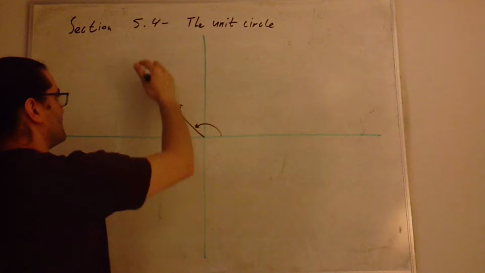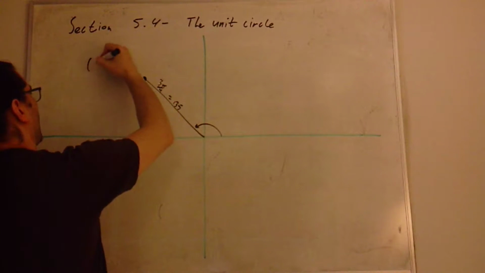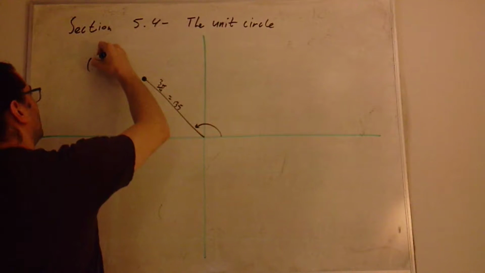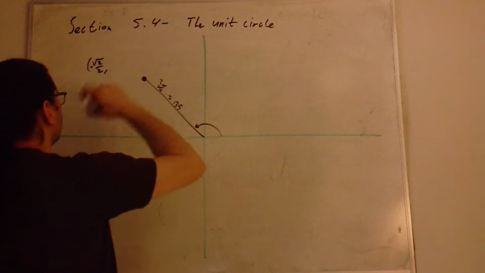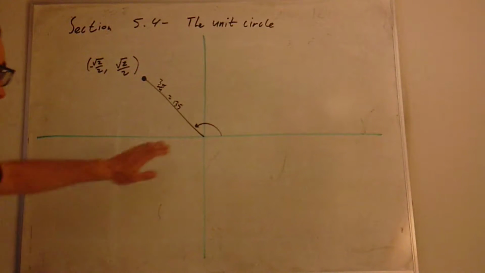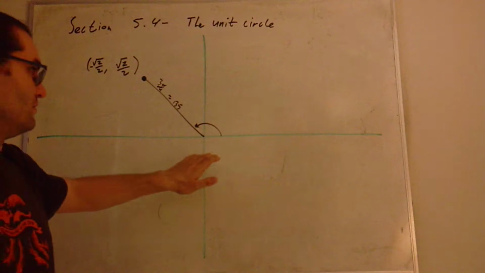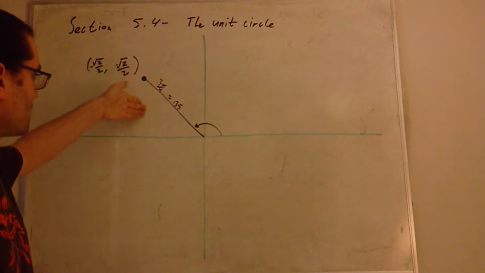and if we set this length to 1, we were able to find the coordinates of this point at negative root 2 over 2 for the x value and root 2 over 2 for the y value, because it's essentially the same as a 45 degree angle. It has a 45 degree reference angle if we make this triangle.